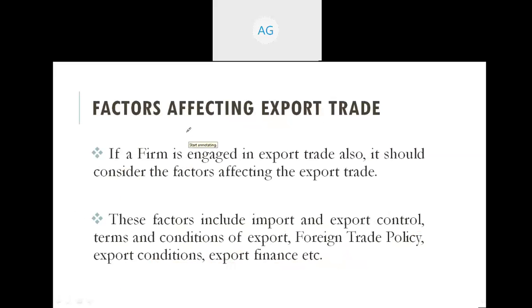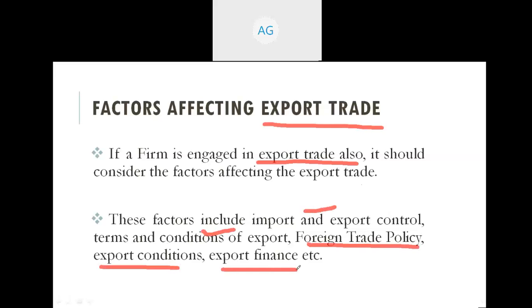Now the fourth determinant is factors affecting export trade. So if a firm is engaged in export trade also, it should consider the factors affecting the export trade. So these factors include import and export control, terms and conditions of export, foreign trade policies, export conditions, export finance, etc. So only some big companies or firms are dealing with the export.